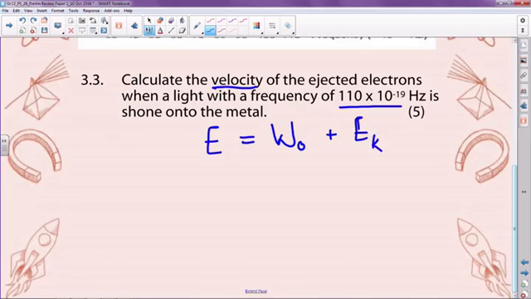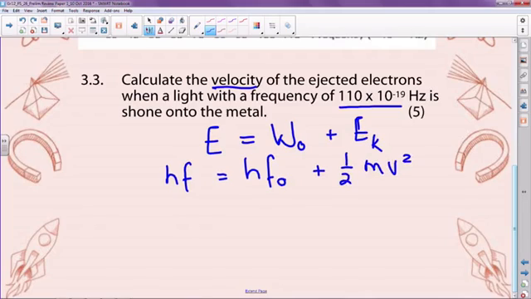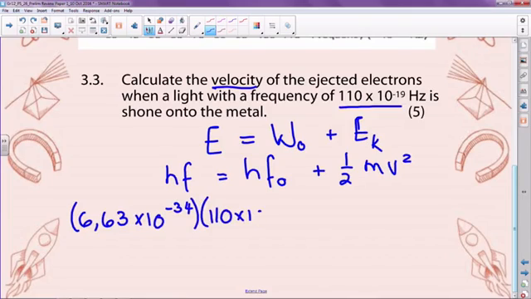Now, I don't know the energy of the photon, and I don't know the work function, but I can work them out. And this is what makes this such a horrible question, because remember, h is Planck's constant, and I probably should have given that to you, sorry, 6,63 times 10 to the minus 34. They told me that it's 110 times 10 to the minus 19.